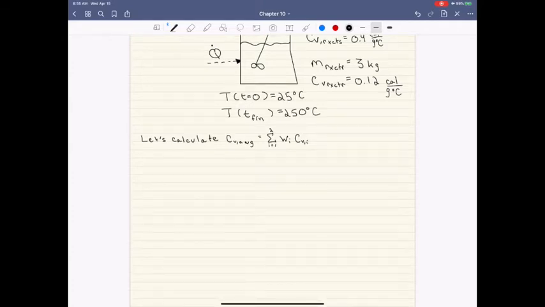So to calculate CV average, I'm going to calculate the mass fraction of the reactor contents, so 1.5 kilograms over 4.5 kilograms, which is the total mass of stuff in our system, the reactor contents plus the mass of the vessel, times the heat capacity of the reactor contents.